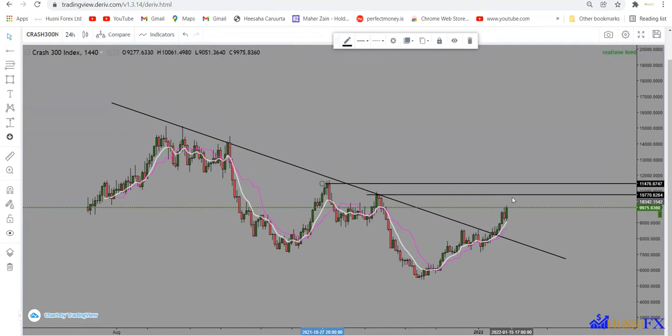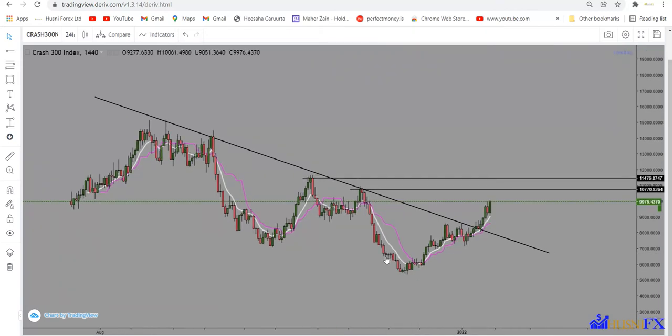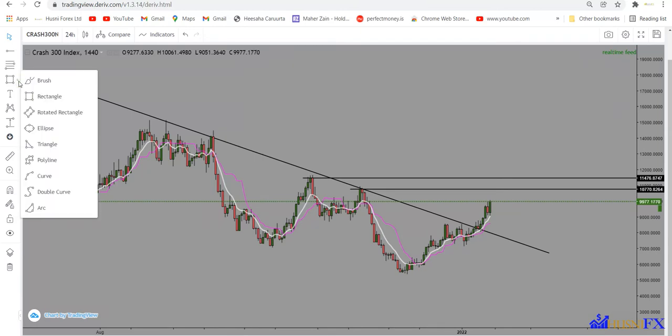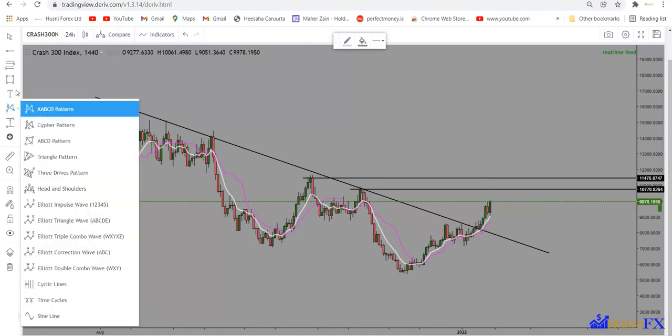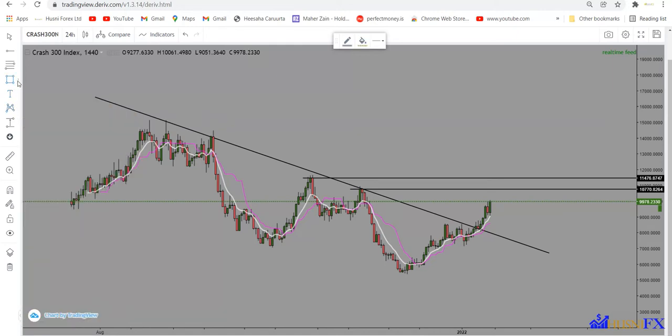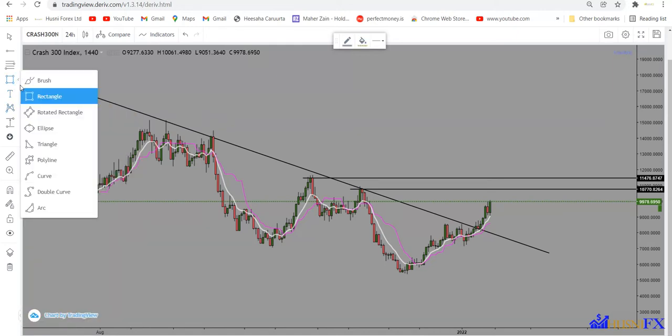First, I have to determine the trend. The market was trending down before it broke that structure, and then you see that the market has started a new trend. So now the market is in an uptrend.